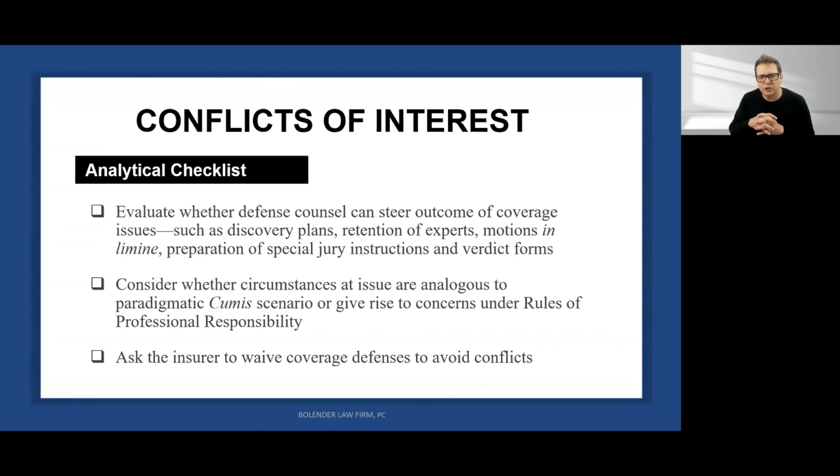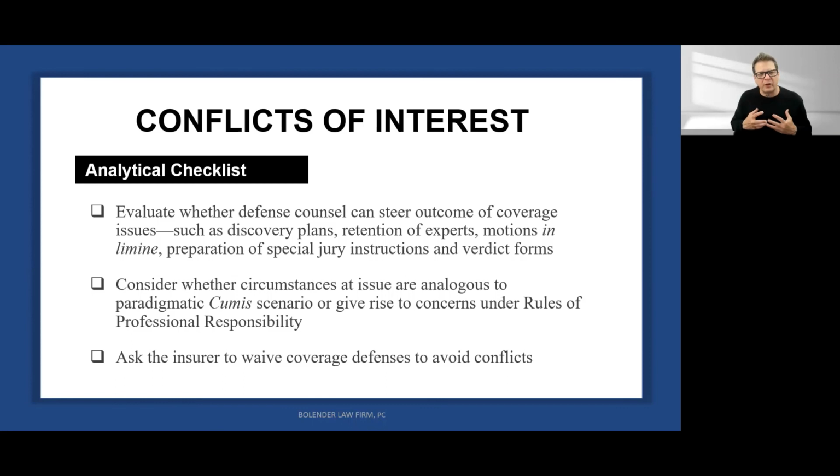But these bullet points will assist you in determining whether the insurance company has reserved rights on an issue that is analogous to that paradigm Cumis factual scenario.